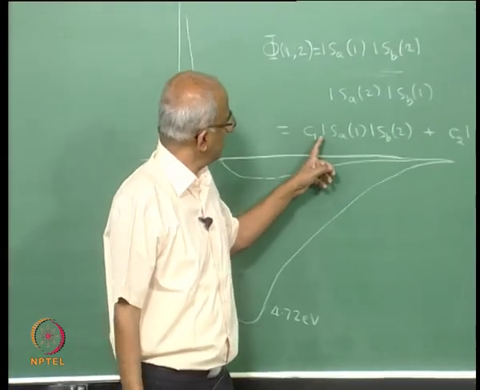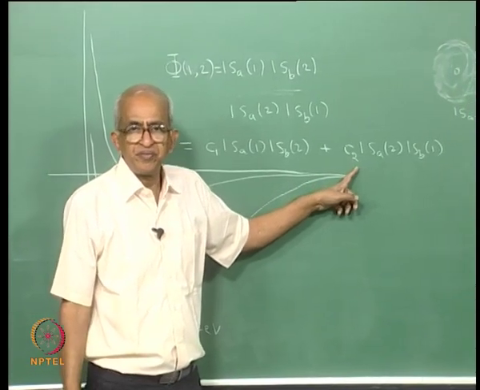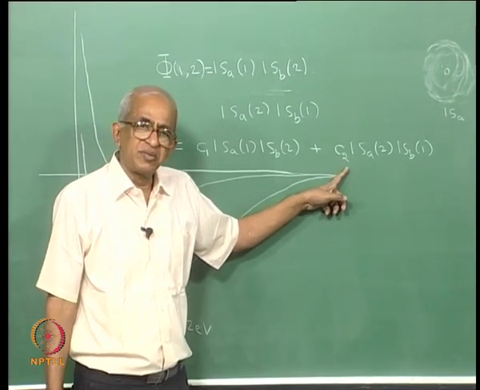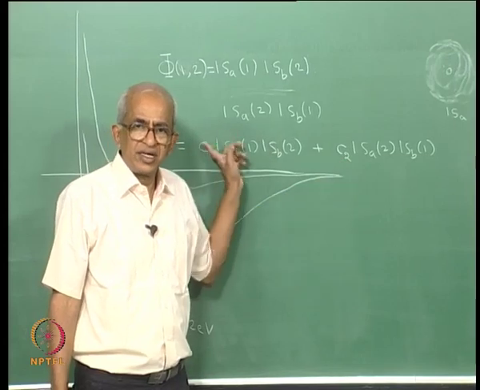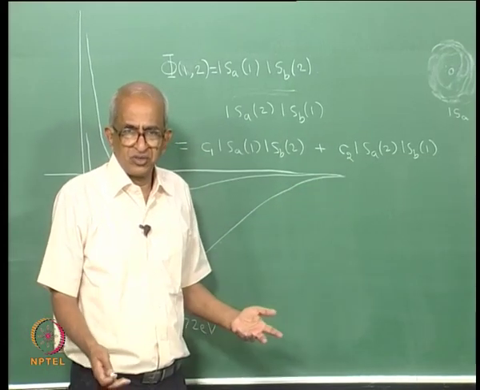You will have a possibility of C1 being equal to C2, and the other possibility will be the negative sign, C1 being equal to minus C2.